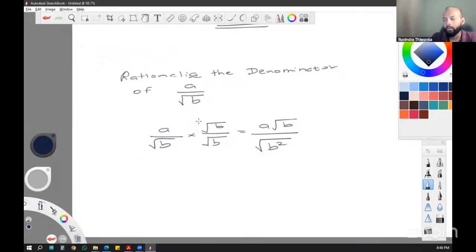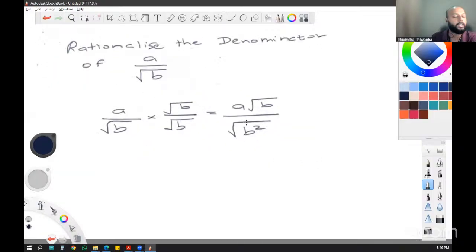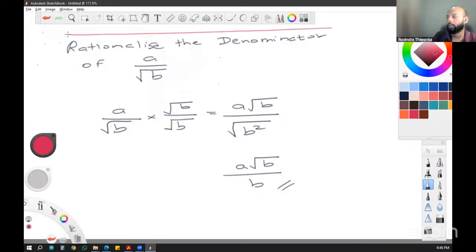If you put b squared inside the square root, what happens? It becomes b, right? It cancels the square root and the squared value, and it gives b. So this is basically called rationalizing the denominator. You can note this down, please.